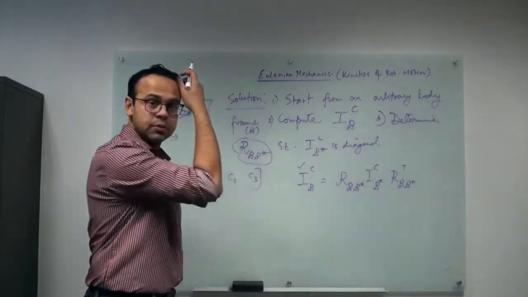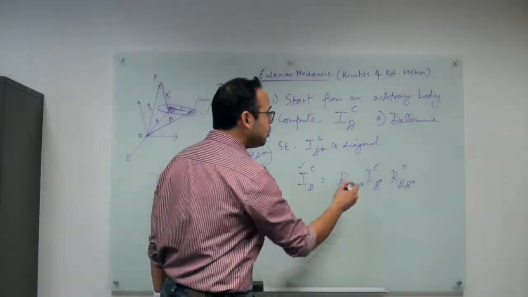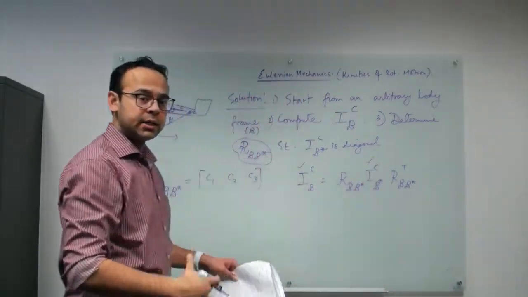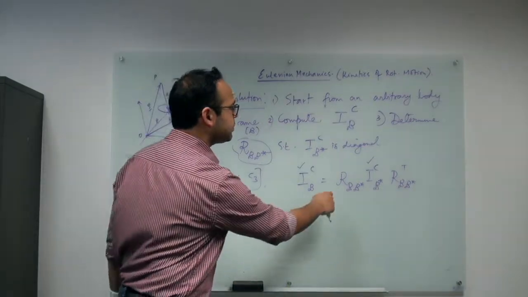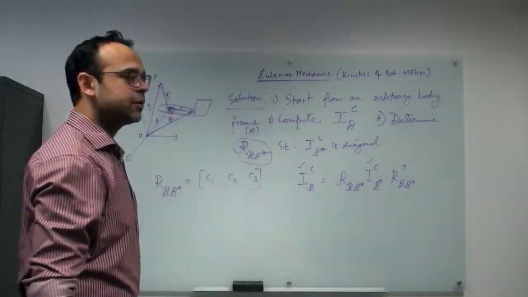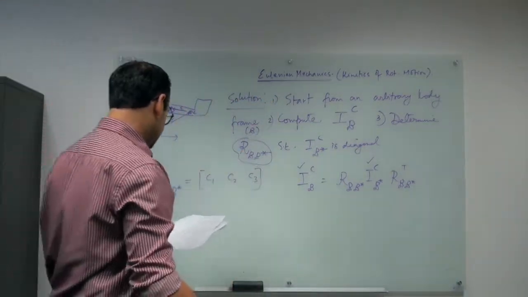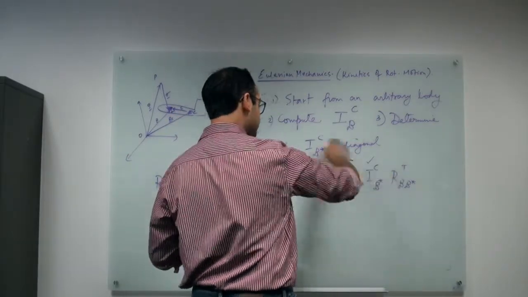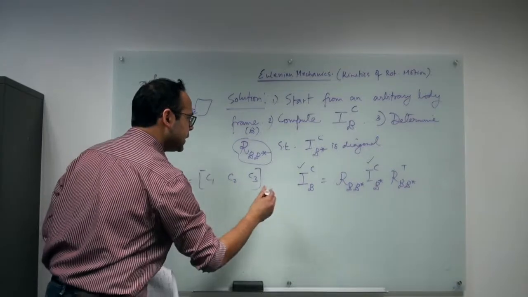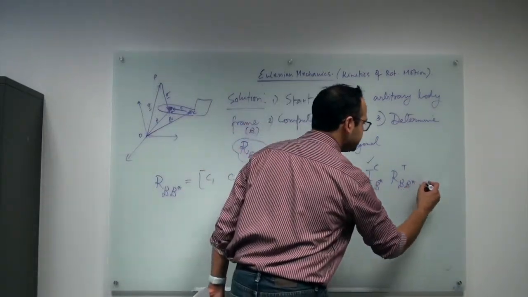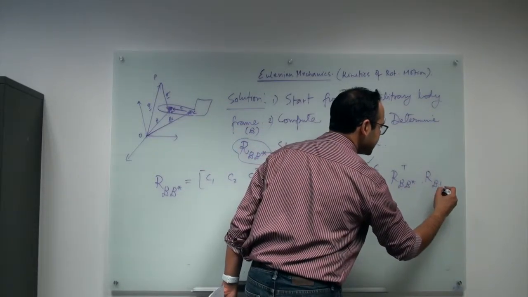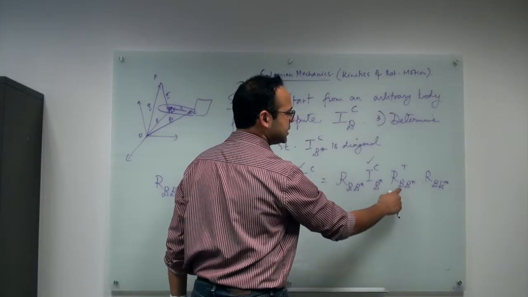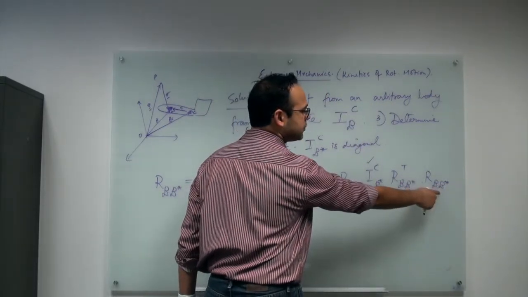Now, we have found this, right? That was step 2. We know what this should look like. It needs to be diagonal. And we have proposed a structure for the other term in there, right? Before I throw everything in there, I'm going to pull this over to this side. That can be done by simply multiplying both sides by that term, because this transpose is the inverse of that.